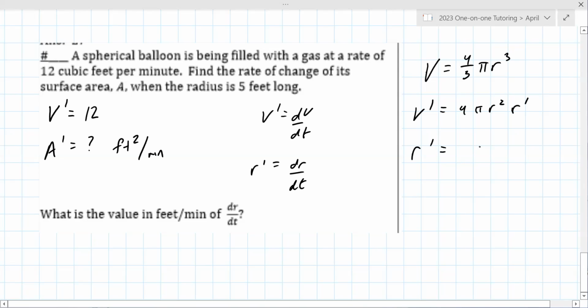R prime is V prime over 4 pi r squared. So r prime is 12 over 4 pi times 5 squared, like that. Okay. So that is 3 over 25 pi.